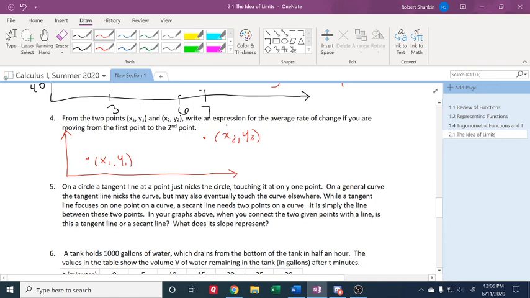Then write an expression for the average rate of change if you are moving from this point to this point. So if you're going from there to there, write that expression. So let me give you all a moment, and then you can discuss it in your group, and I'll call on a group in a moment for number 4.